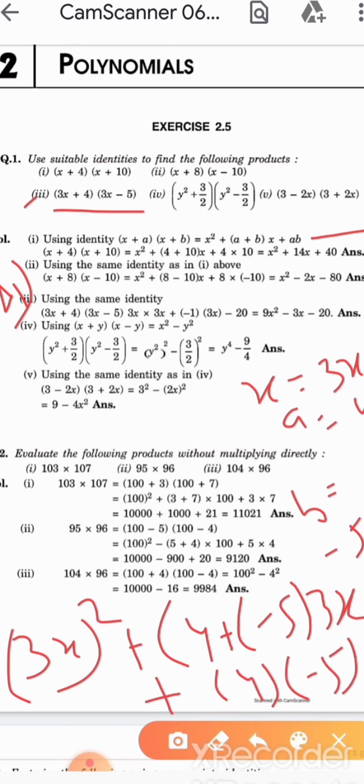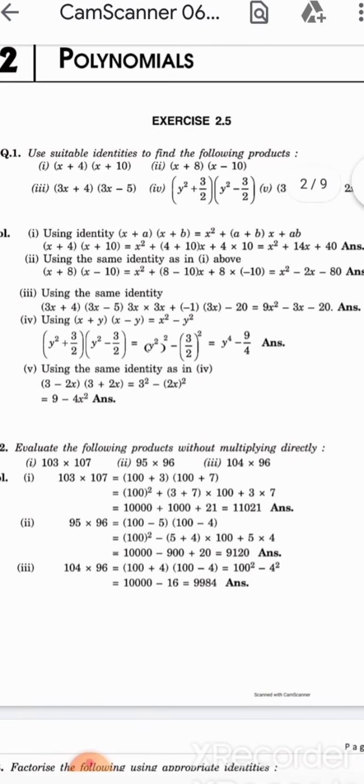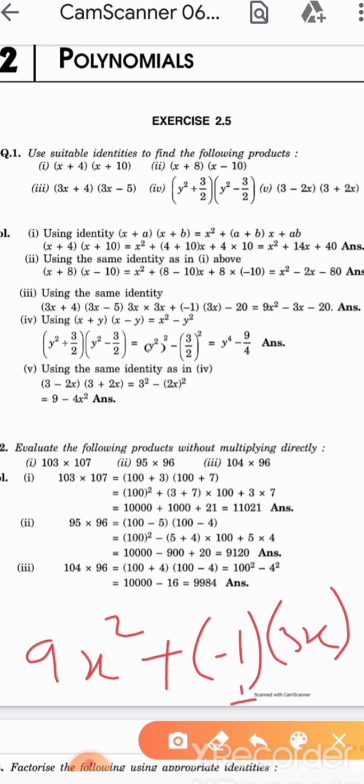Simplifying this step, we get 3x squared, which means 9x². Then 4 minus 5, subtracting, gives −1, into 3x. And lastly, multiplying 4 into −5, 4 fives are 20 and plus times minus gives −20.